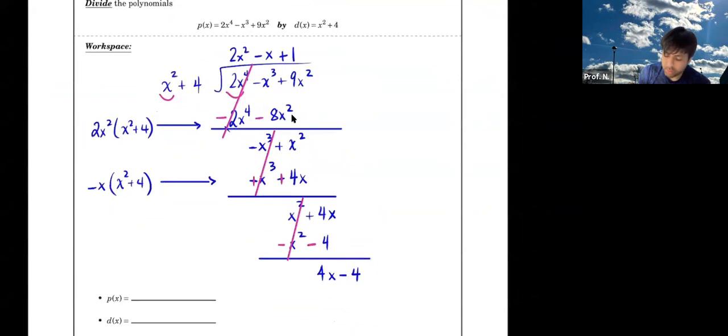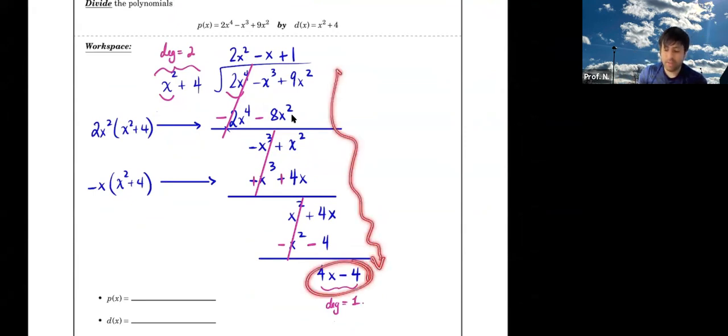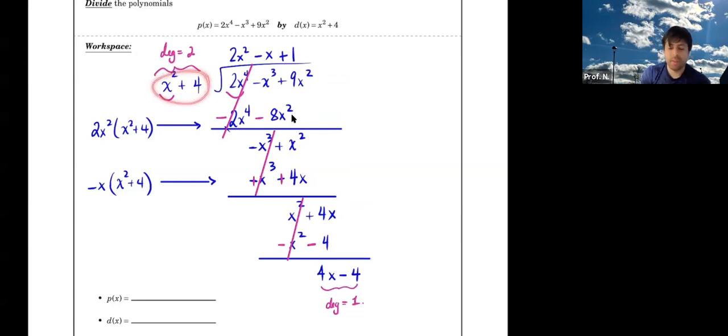Why? Because what's the degree here? The degree is uno. And the degree of the divisor is what? 2. So the moment that you get something in your division process where the polynomial is of lesser degree than the degree of the divisor, you stop the whole process.